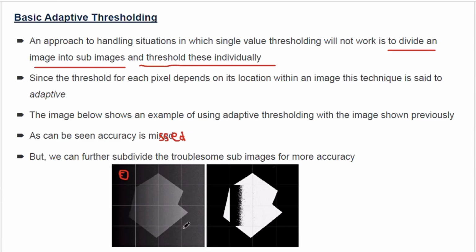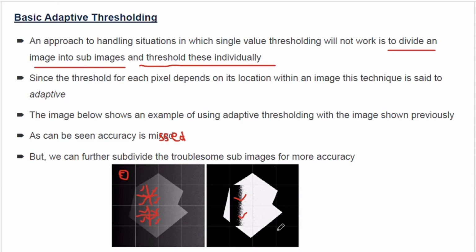So to get more accuracy, then what you have to do? Again, you have to choose these. Yes, we have a problem only for these two blocks, this block and this block. Am I correct? Again, choose these two. Again, split these two. Again, split like this. Again, apply adaptive thresholding for these small portions.